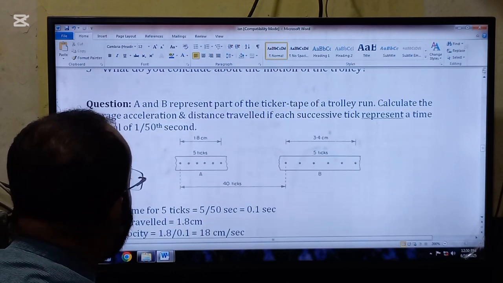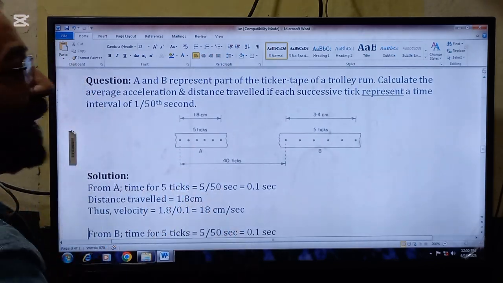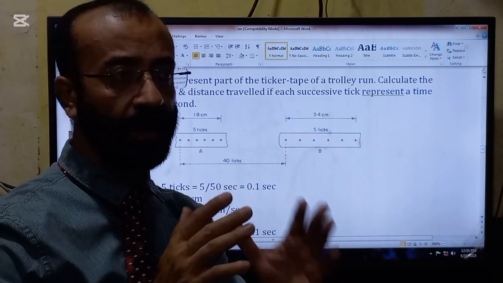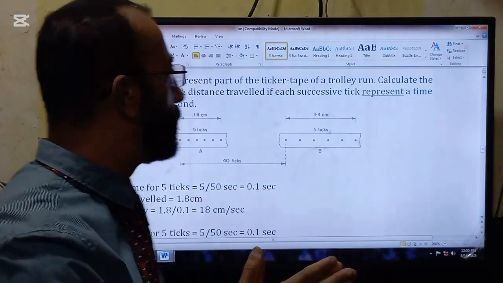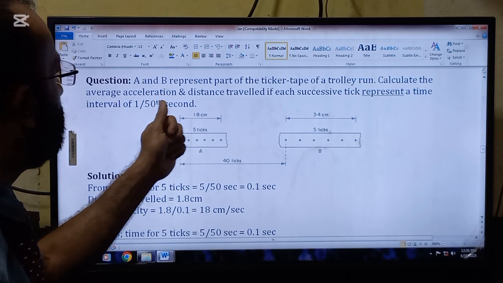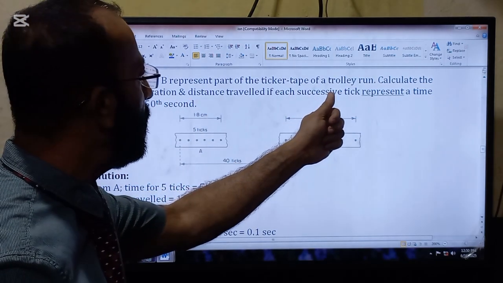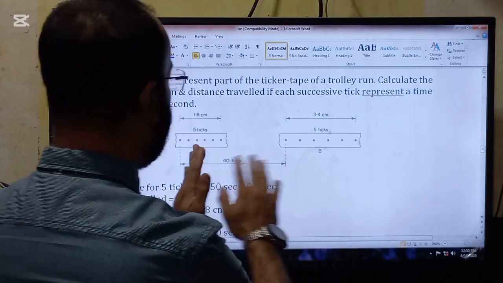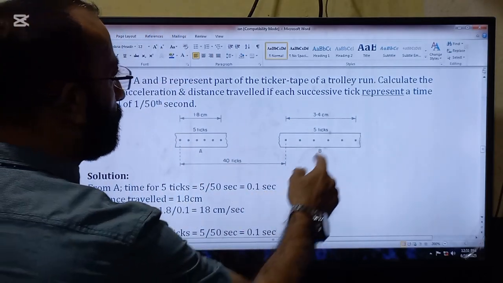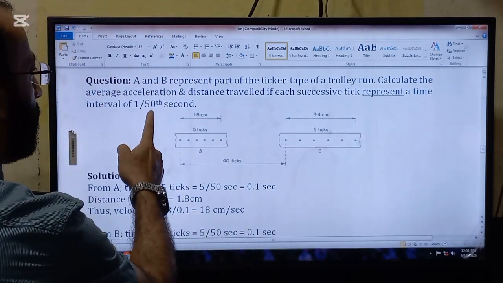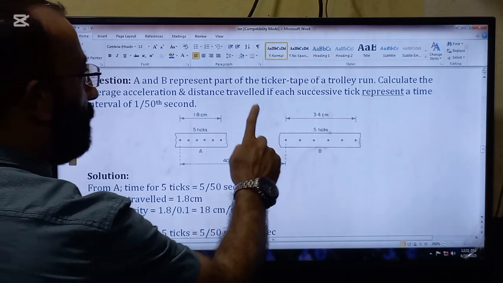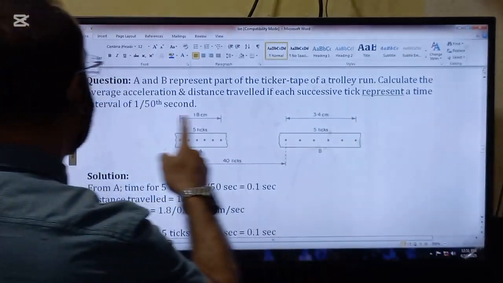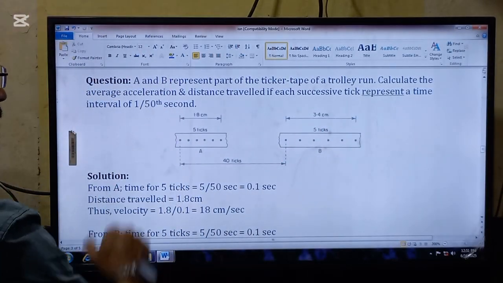So look now, here is a question that will make your concepts more clear. So what kind of experiment is this? So here is a question. A and B represent parts of the ticker tape of the trolley run. So here is A and here is B, that is a part of the tape. Calculate the average acceleration and distance traveled if each successive tick represents a time interval of 1/50th second.